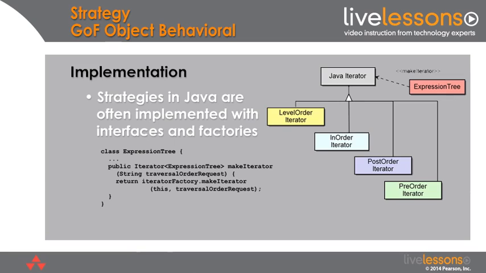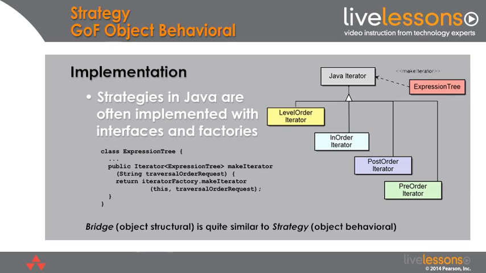It turns out, if you start doing these kinds of things, that you find a tremendous relationship between the bridge pattern, which is an object structural pattern, and the strategy pattern, which is an object behavioral pattern. They're actually very, very similar. Bridge strategy is a not uncommon pattern compound. It turns out that oftentimes, especially in Java, people tend to gravitate more towards strategy as opposed to using bridge. So it takes a little bit of careful reading of the Gang of Four book and thinking deeply about what these patterns are doing to even see why they're not the same abstraction. But there are some differences that are worth understanding.